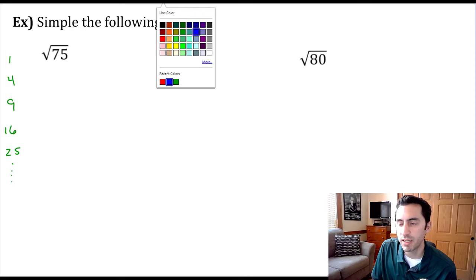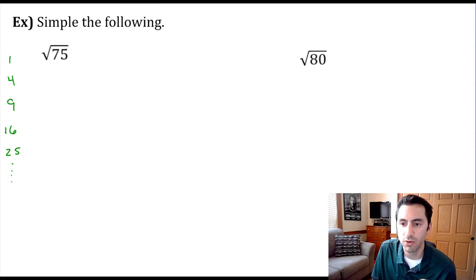Now let's take a look at 75. So first thing I want to do is take 75, split that up into a perfect square times some other number. So which one of these can 75 be divided by? Well, it can be divided by 25. So this is the same as the square root of 25 times 3.